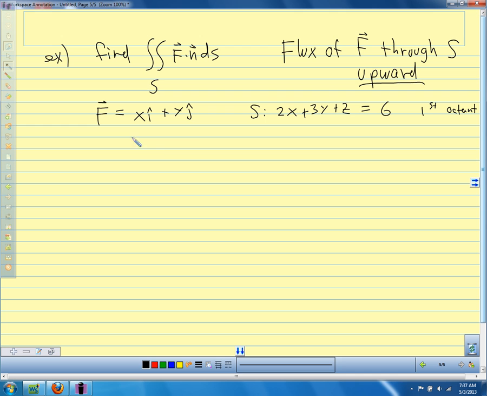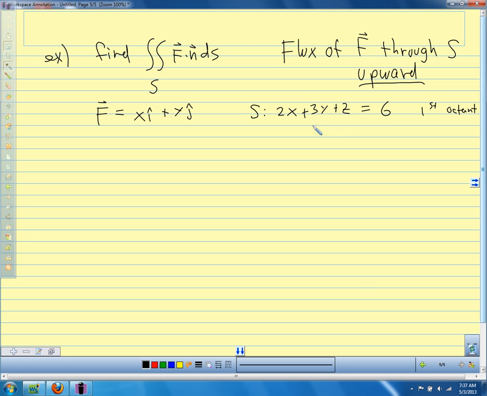Because we have everything in terms of x and y, and here we have f of x, y, z equals a constant, I could write z equals 6 minus 2x minus 3y, but it's already given in terms of f of x, y, z equals a constant.